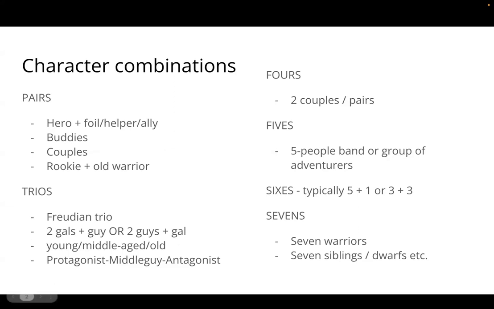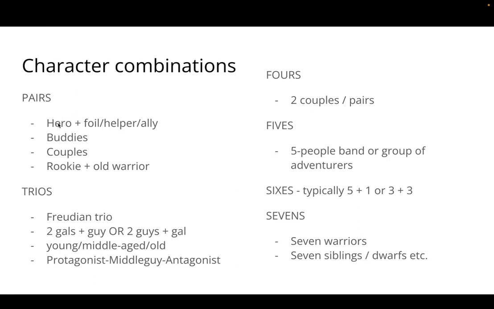Or you could have your protagonist, antagonist, and somebody in the middle. Often it might be the love interest, or somebody who resembles the love interest, which they both love.